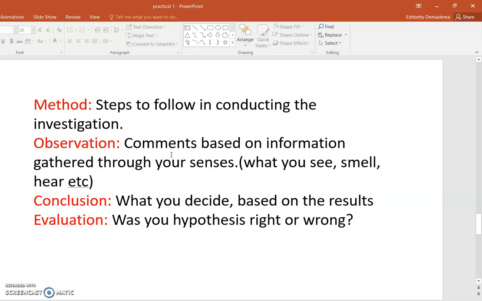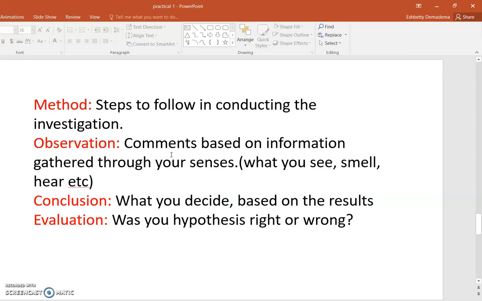And then our next step is the conclusion. When we look at the conclusion, we are saying, from the experiment, what did you decide? What you decide based on the results that you have gathered. So after the observation, what have you gathered? What have you learned?